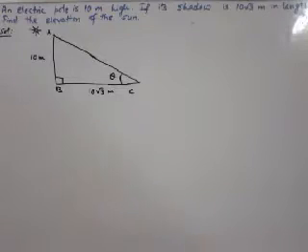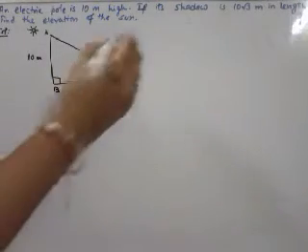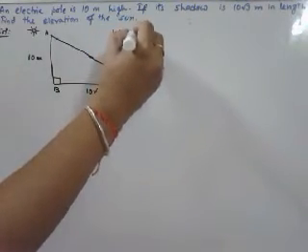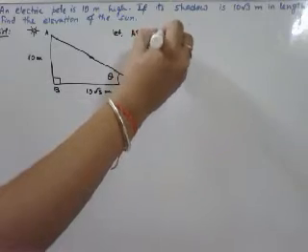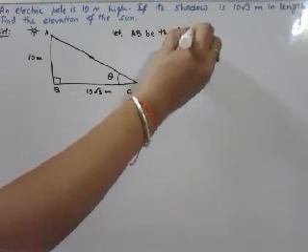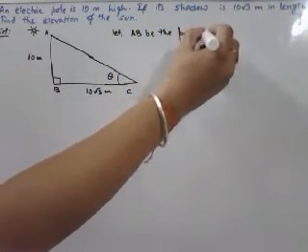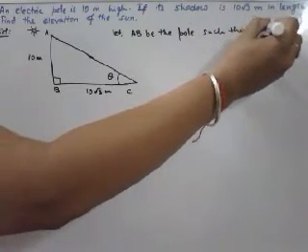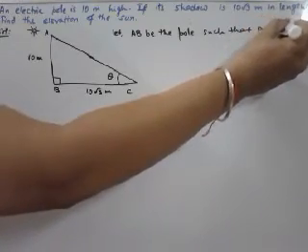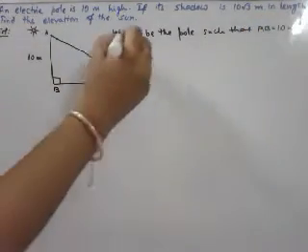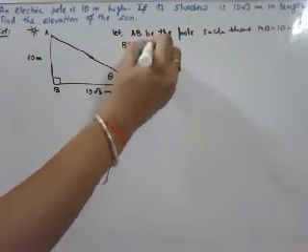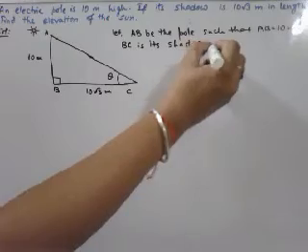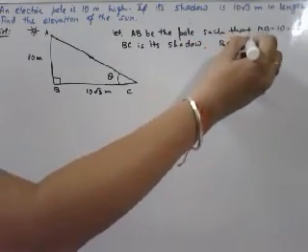Now describe this diagram. Let AB be the pole, such that AB equals 10 meter, BC is its shadow, BC equals 10 root 3 meter.